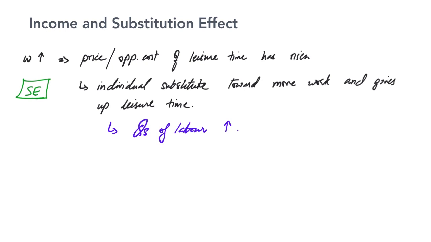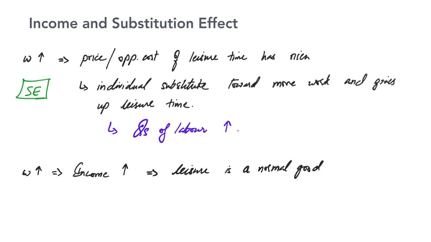Secondly, at the same time, what is also happening is that simultaneously, when the wages go up, the person is thinking that his income has gone up also. And when income goes up, we say that leisure is a normal good.